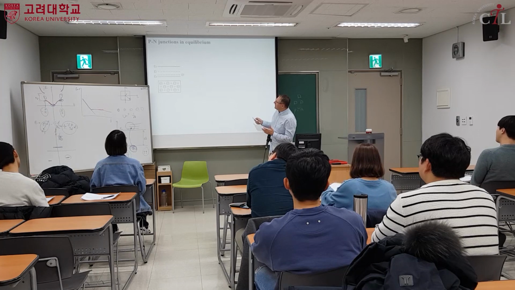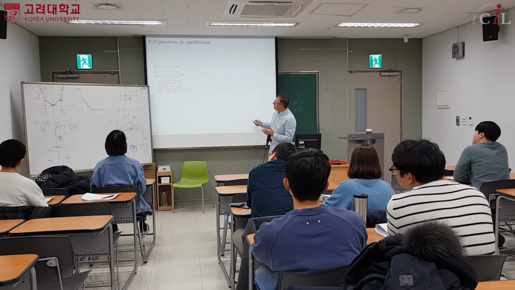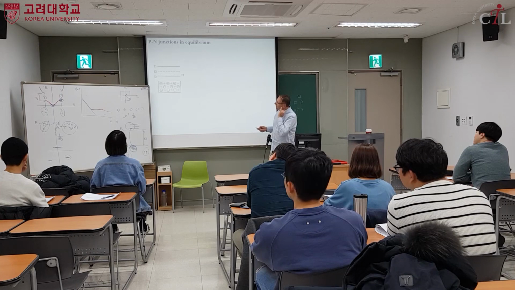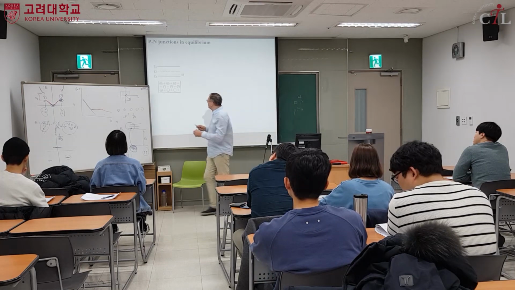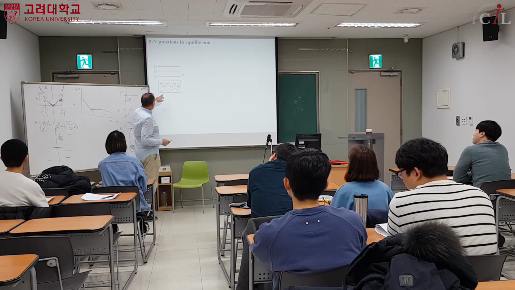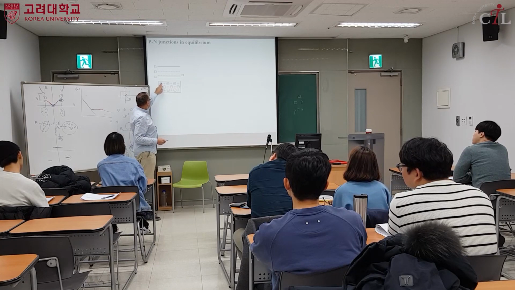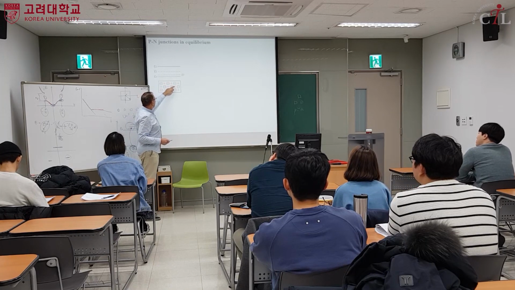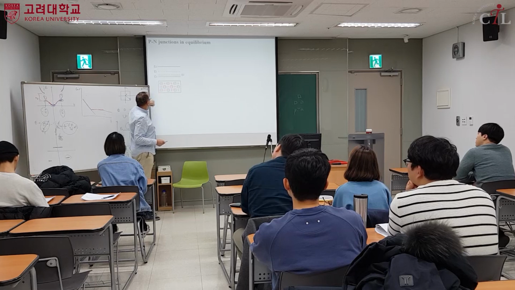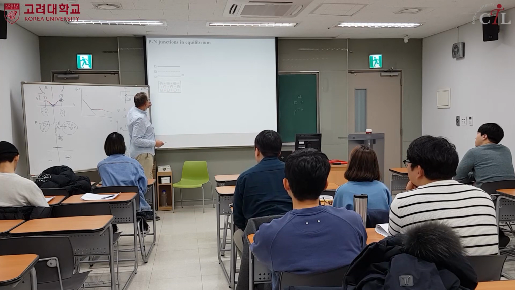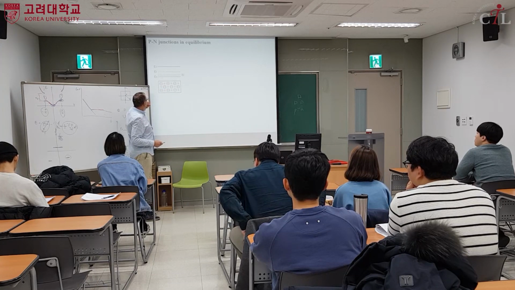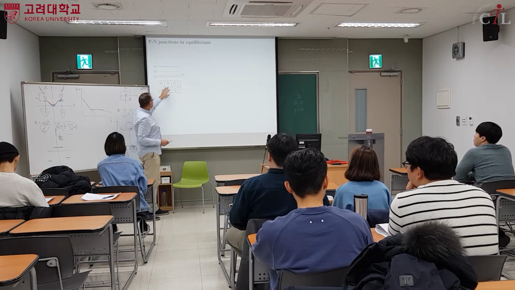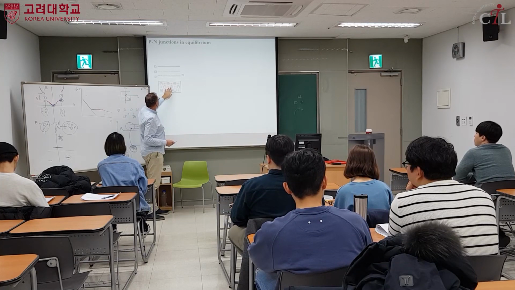So this is a conduction band, valence band, and this is a Fermi level, closer to the valence band edge. And what do I show here? So these circles, what is this?